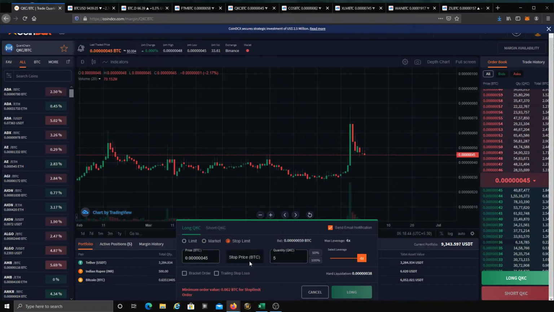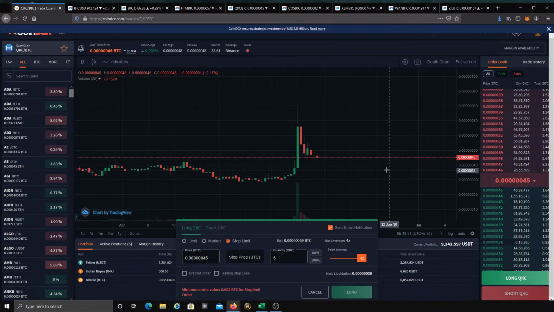Let's just say I want to buy an order here at 49 on CoreChain, even though the price is at 45. So that's kind of the saying, if this pumps and shows some good bullish movement above this price, pick it up for me. That kind of thing.